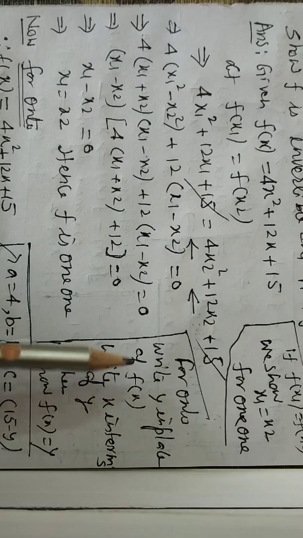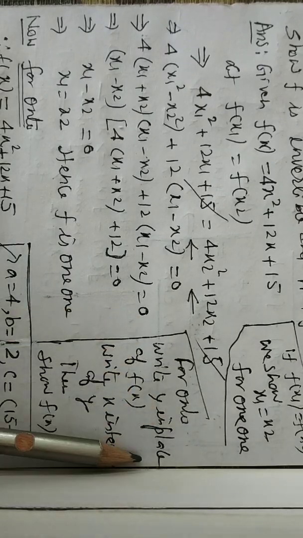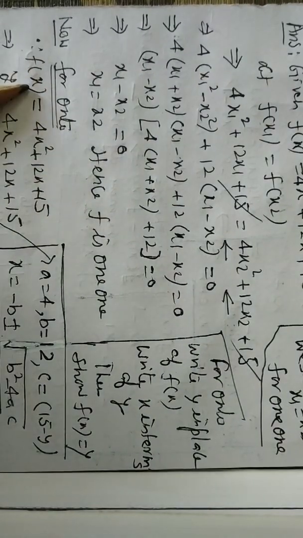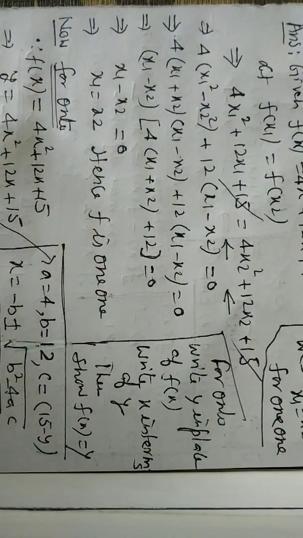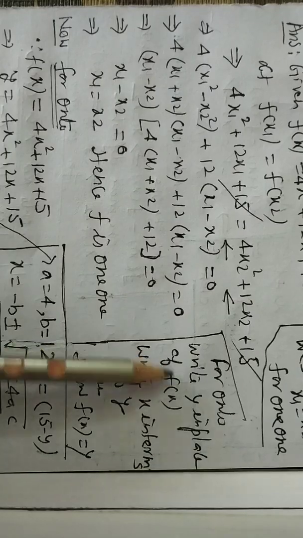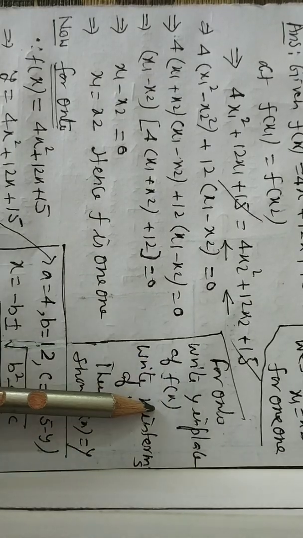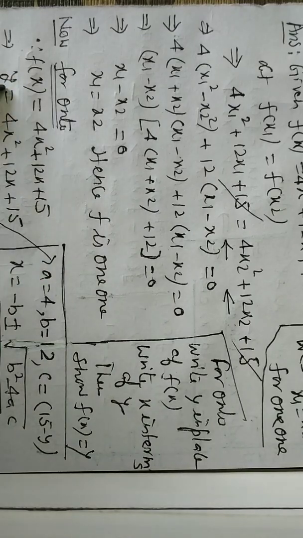Now to prove onto function, for onto we write y is equal to f(x). Since f(x) is equal to this, it means y is equal to f(x), and f(x) should be written as y. For onto we follow this step: write y in place of f(x).